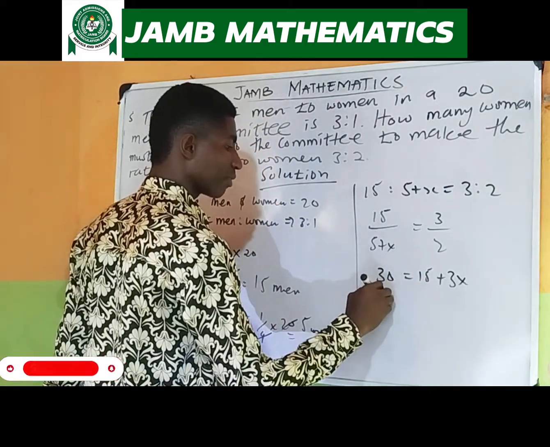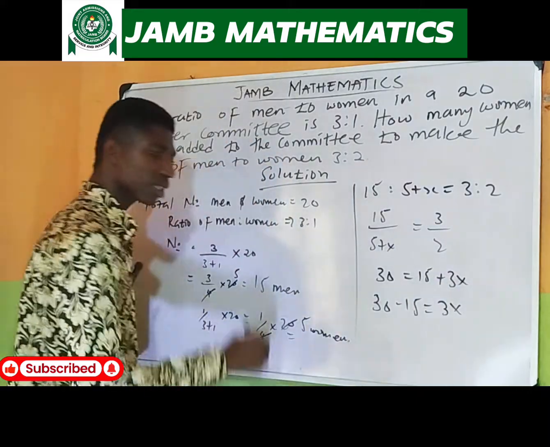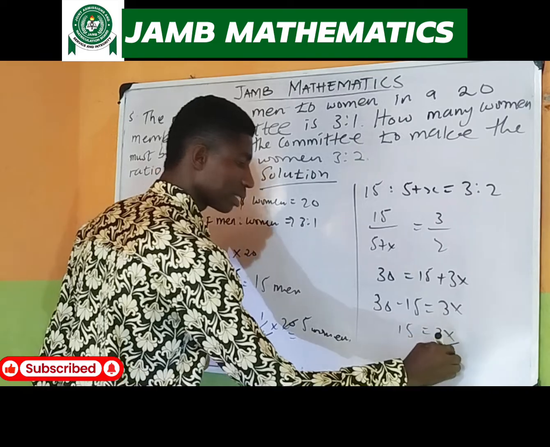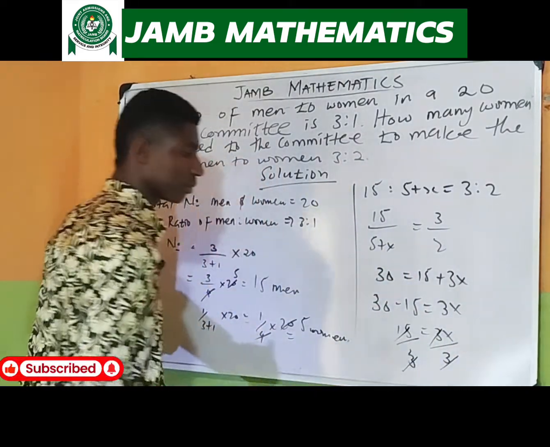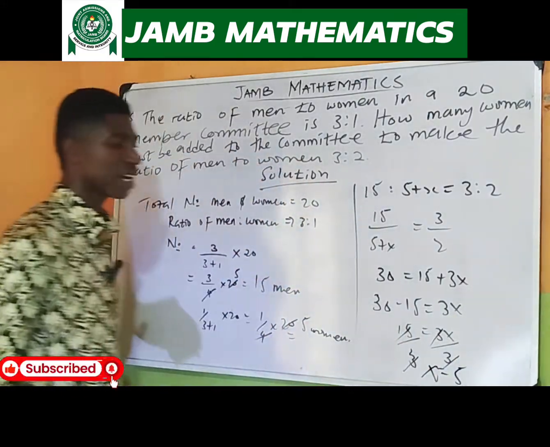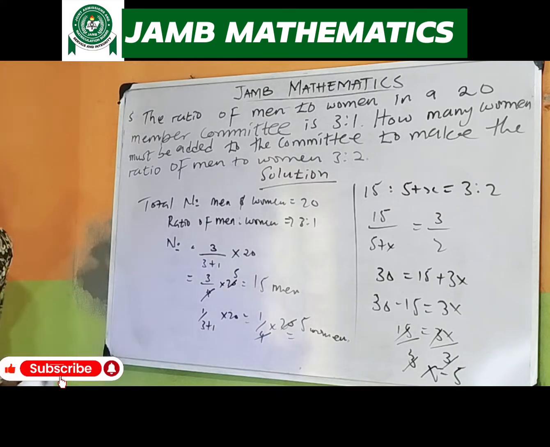Making x the subject, we have 30 minus 15 is equal to 3x. 30 minus 15 is 15, is equal to 3x. Divided through by 3, so 15 over 3 is equal to 5. So x is equal to 5. Hence, 5 women must be added to make the ratio of men to women 3:2.